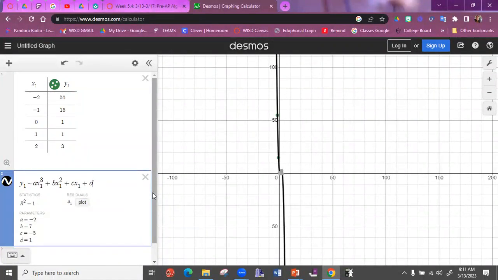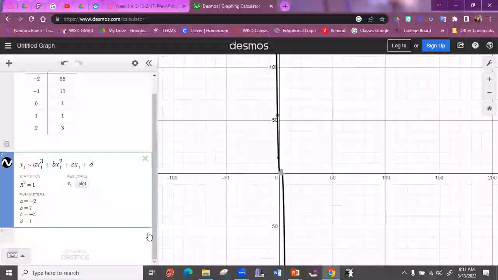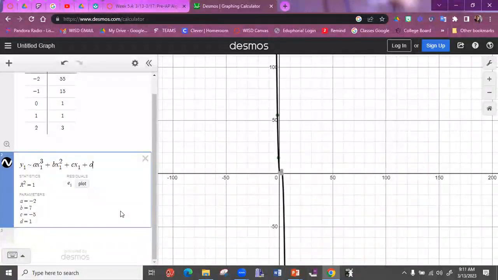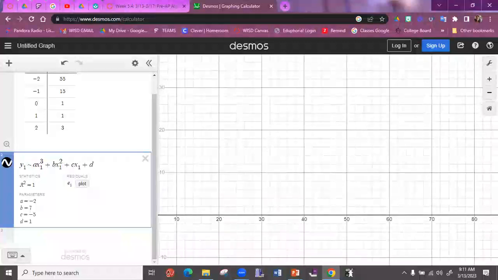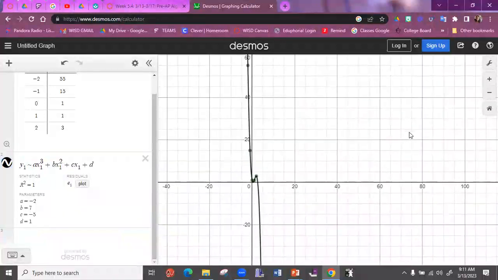How do you get the subscript? Type the 1 and it automatically makes it a subscript. Okay. You can adjust your window, but you can see that it created it.